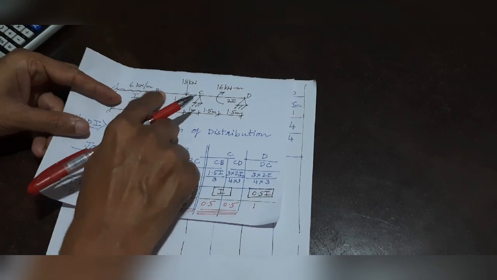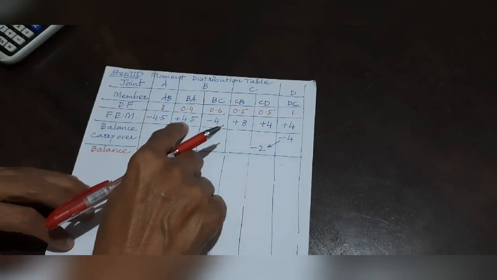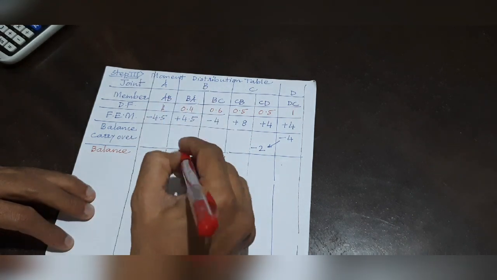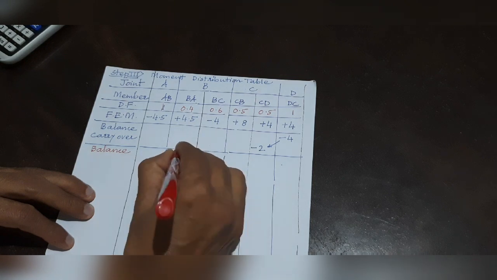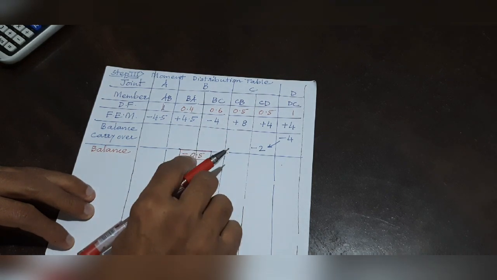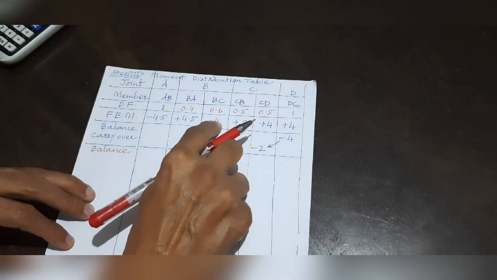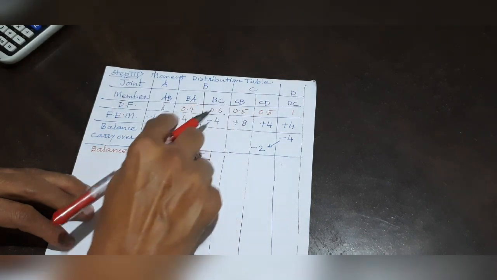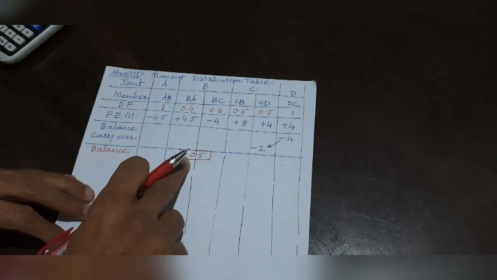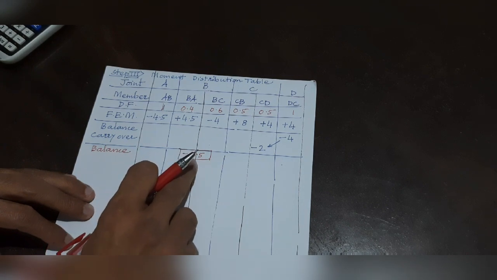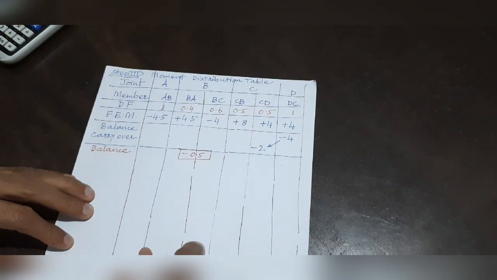Total sum of moment at joint B should be equal to 0. Now at present it is plus 0.5 excess. So if I apply minus 0.5 balance at joint B, it is minus 0.5 minus 0.4 plus 4.5, total sum of moment at B equal to 0. So I will apply minus 0.5 as release moment, as balance moment at joint B.